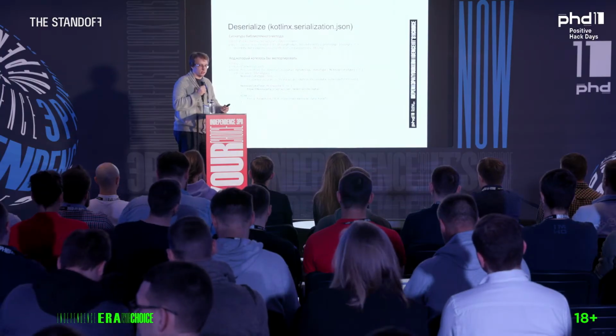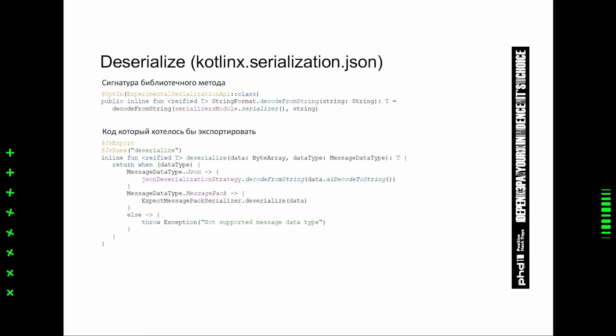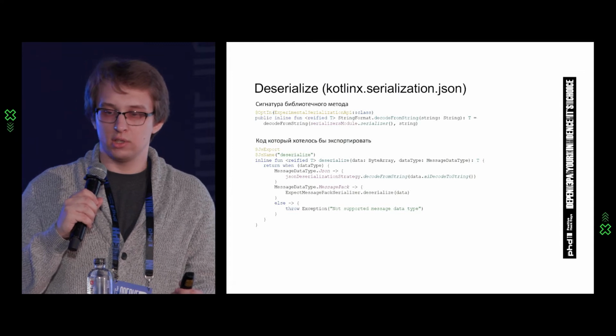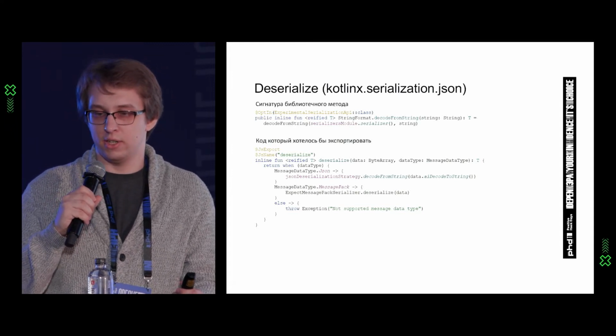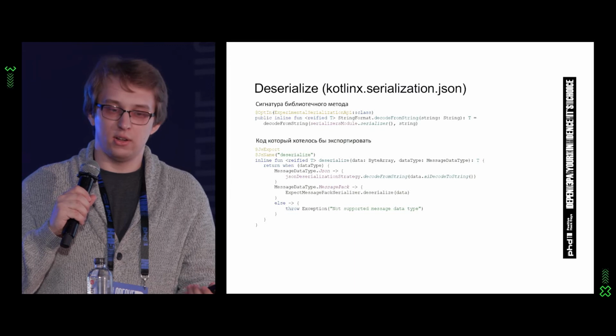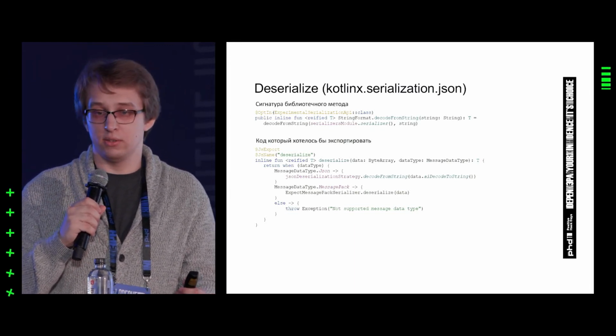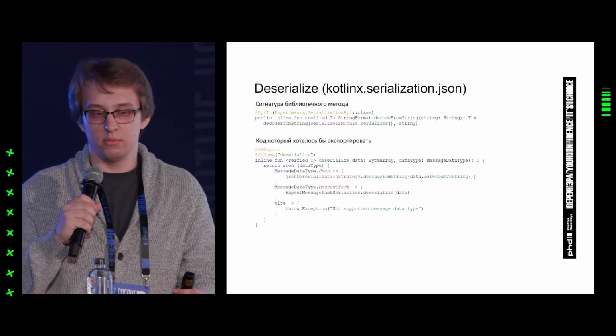And sometimes there are cases like that. We have a popular library for serialization, the Kotlin library, and it has a generic method with deserialization. And so we deserialize the line into an object. And the signature is an inline and reified type. And this is something we cannot export into JS.